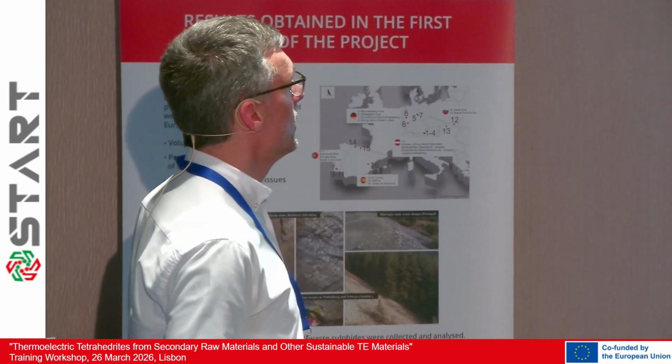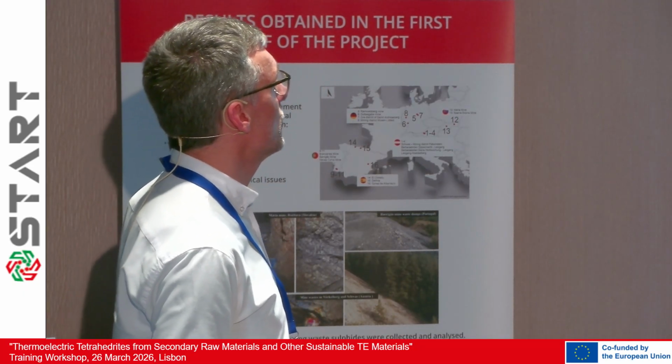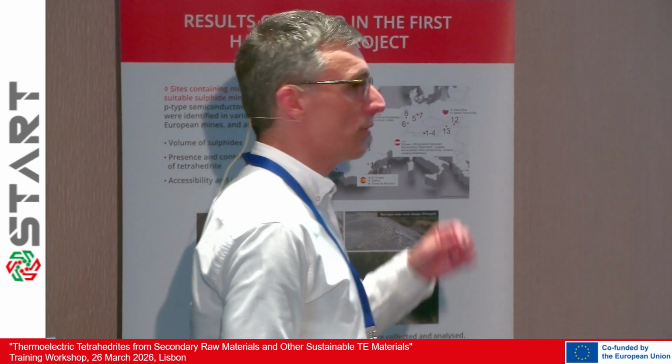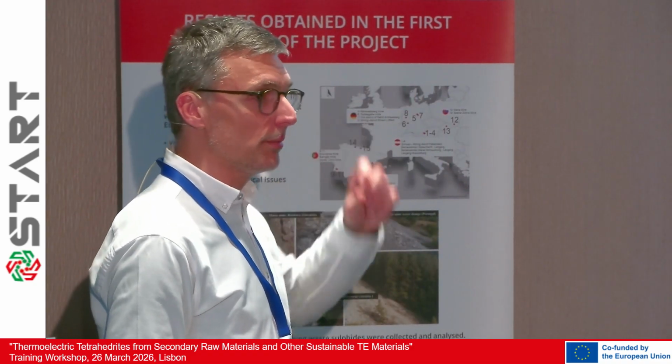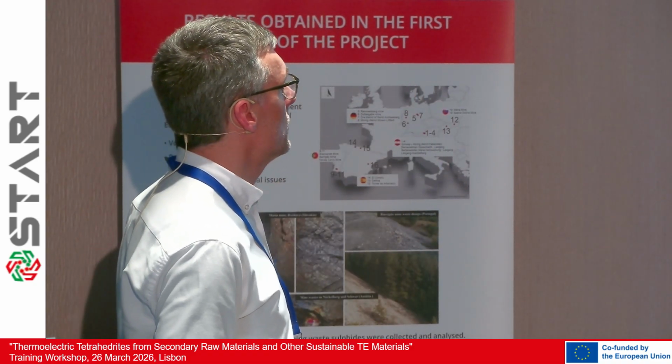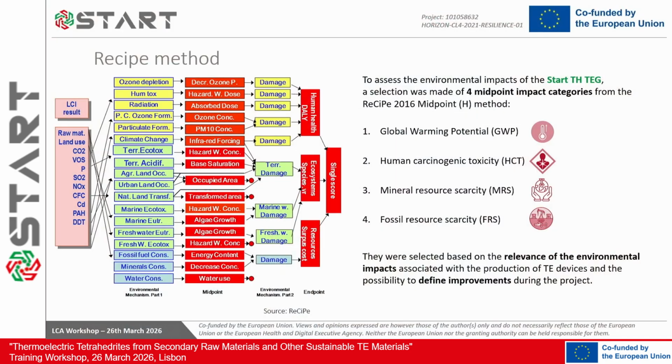So in the context of START, we use the ReCiPe method, which is one of the most widely used methods for impact assessment in LCA. As you can see, this method goes from the inventory. So you will have the inputs and outputs of different substances and for the different processes.